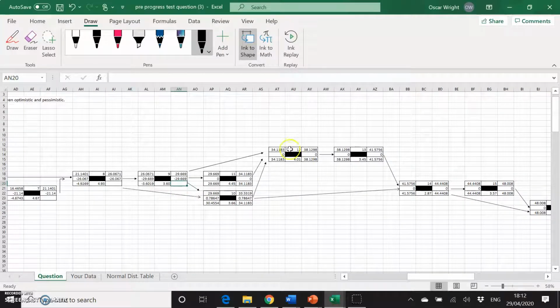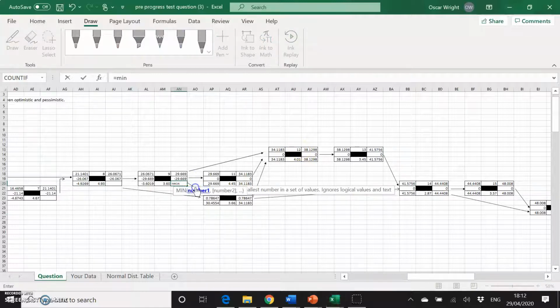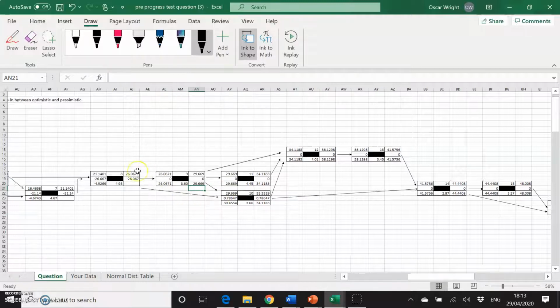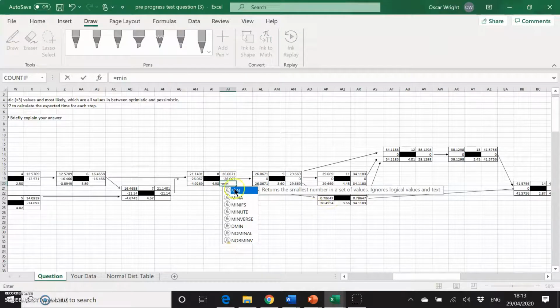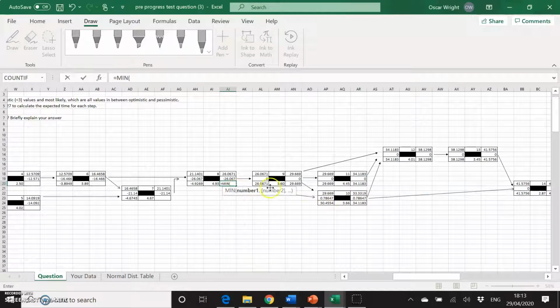Number 9 again goes to 10, 11 and 12. So we take the minimum value of the late start from 10, 11 and 12. Eight goes to both 9 and 10, so we know that will be the minimum of 9's late start and 10's late start.